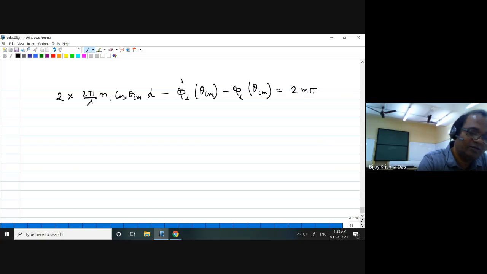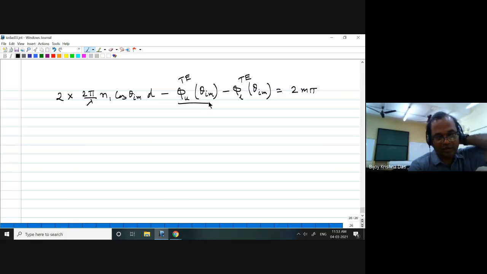Don't forget to write the polarization. Which expression will you be using? Upper is for TE polarization, and for lower you also have to use the expression for the TE polarization. So this is the condition.